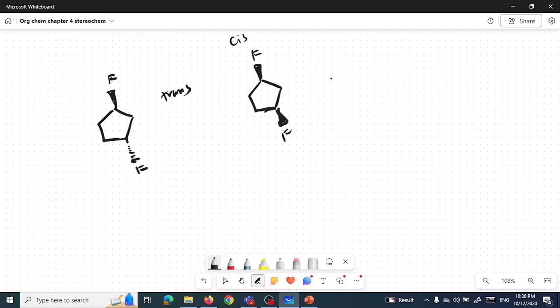Usually when it comes to cis-trans isomers, you can always draw them differently, even though they show the exact same geometry. Similarly, you can draw this. One is up, down, this one is pointing up. These two are exactly the same, and these two are exactly the same on the right.